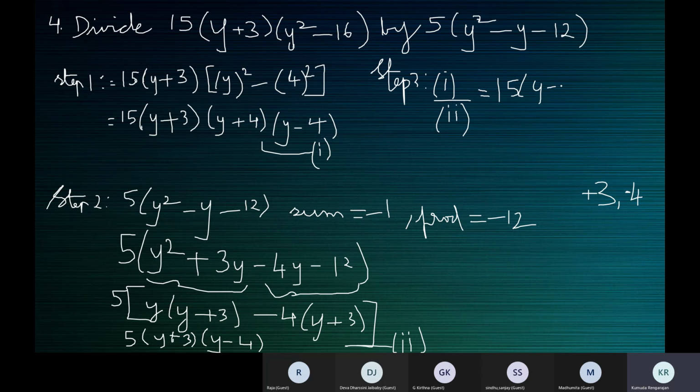Fifteen into y plus 3 into y plus 4 into y minus 4 divided by 5 into y plus 3.